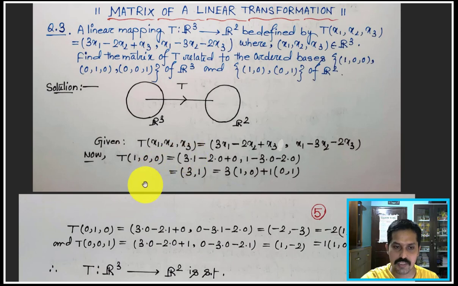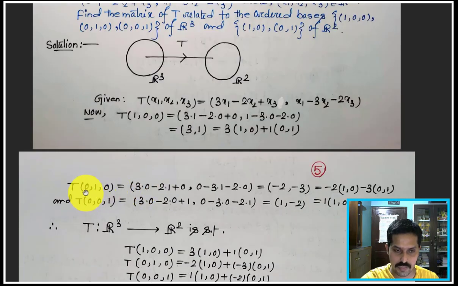Next is T(0,1,0), meaning x1 is 0, x2 is 1, x3 is 0. Putting the values, we get (-2,-3), which is -2(1,0) - 3(0,1). The result has to be expressed in terms of the basis of R2.